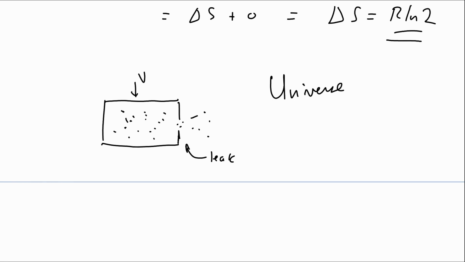And this volume here is V equals V naught. So what is delta S of the universe? It's greater than zero, but what is the value? I want a number.